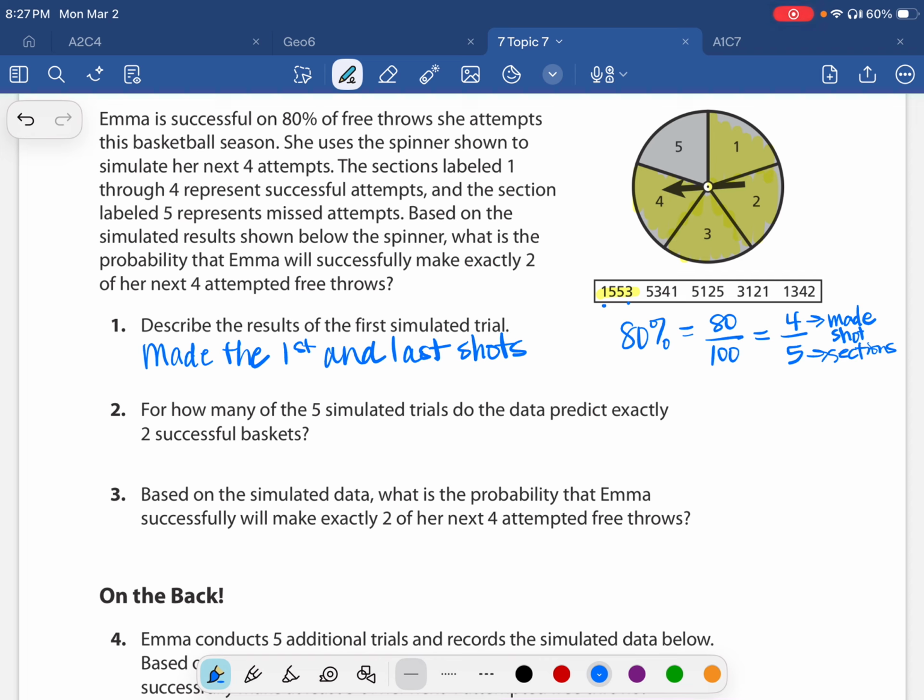Those indicate a shot made. So she made the first and last shots, but missed the second and third shots because she spun a 5 both of those times. So that would indicate a miss.